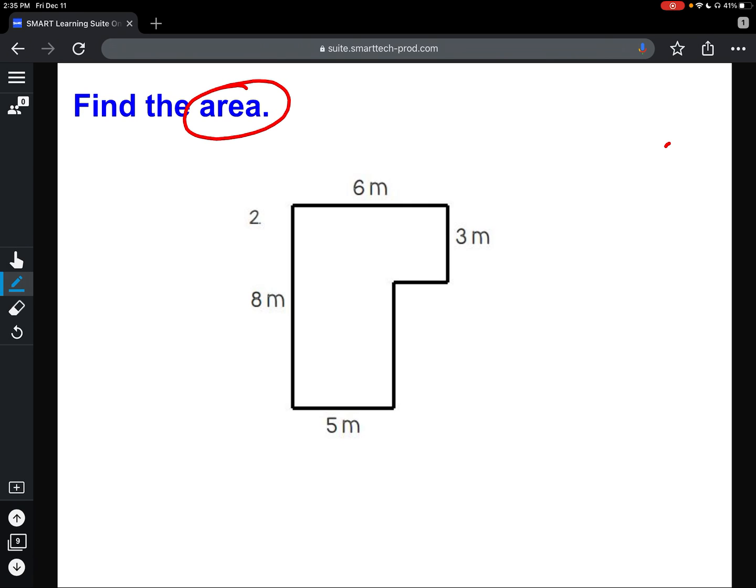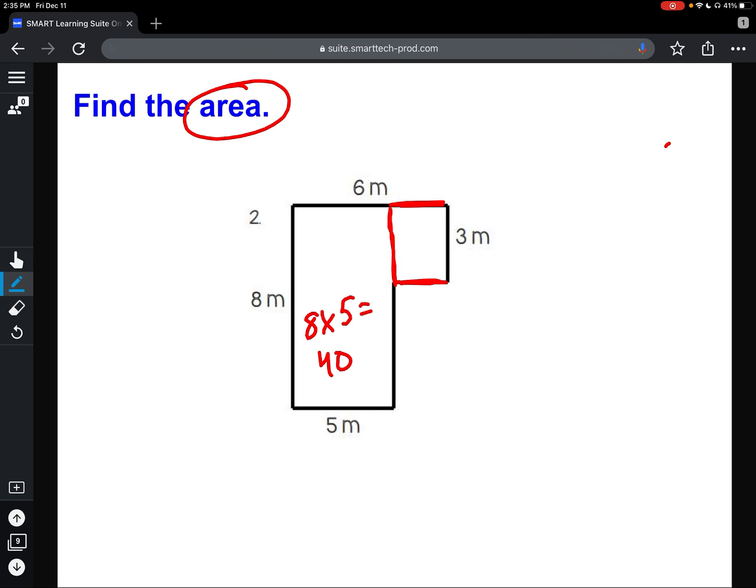So the easiest way that I see to split this up, my brain saw it this way. And inside I would write 8 times 5, which is 40. But I have to be very careful with my other piece because I don't know the width here.